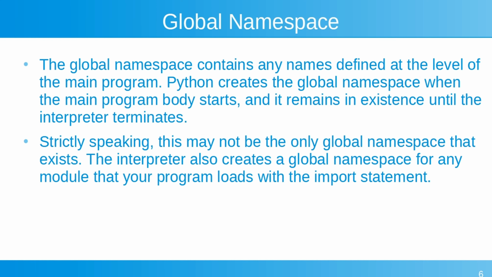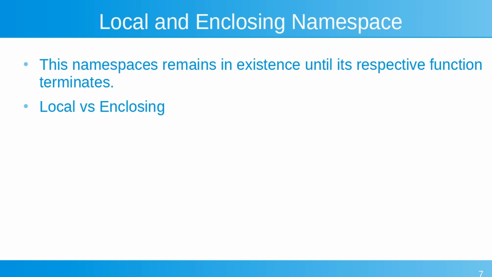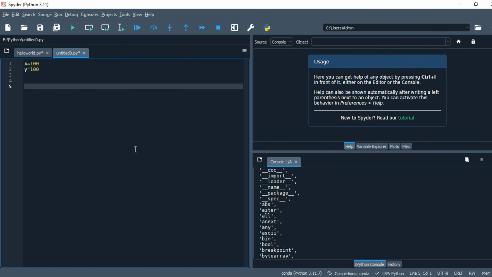So basically import is the statement used to load any particular module. Whatever variables are defined in that module file can also be considered global variables, so they also come into the global namespace. Okay, so that's all about the global namespace.